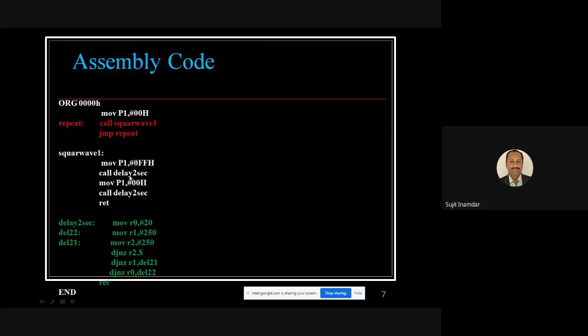After that call delay 2 seconds, म्हणजे 2 सेकंद साठी हा इथे एक डिले लिहिलेला आहे, ते 2 सेकंद थांबणार. पुन्हा P1 इट इज एंटर्ड बाय 00 म्हणजे 0 लेवल, परत 2 सेकंद थांबायचं, परत रिटर्न बॅक. So this is how it is going to work. म्हणजे 101010 in that way it is going to work and we will get the square wave.